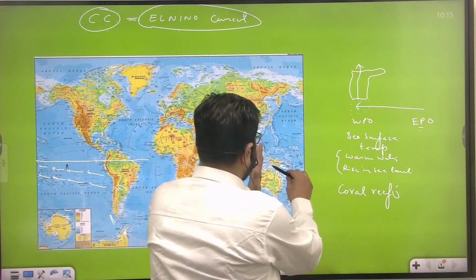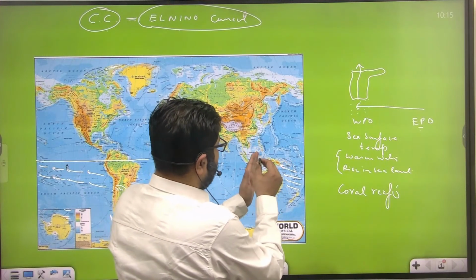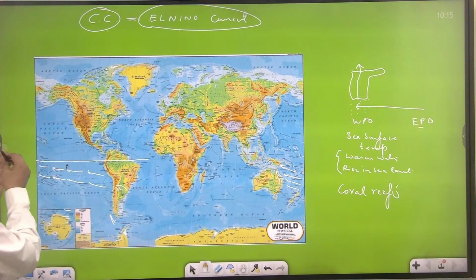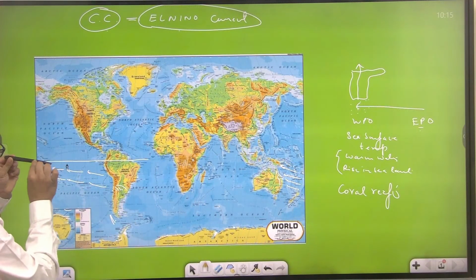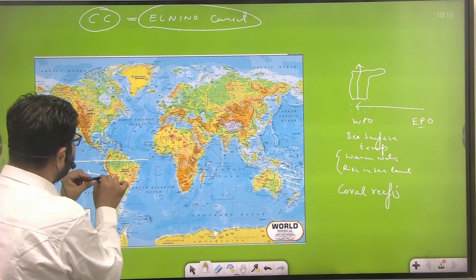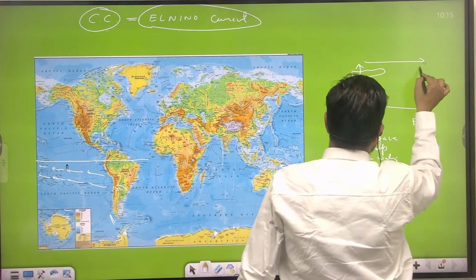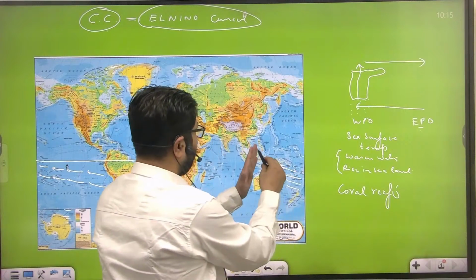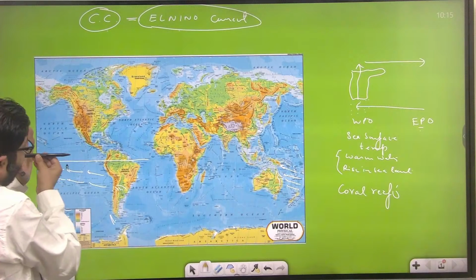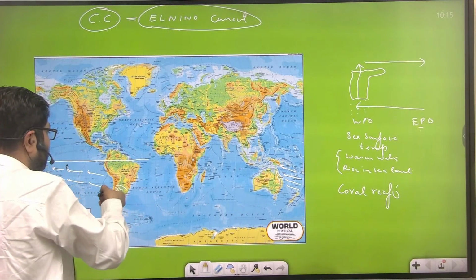Once this air rises after reaching the middle troposphere, it turns towards east. That is, after rising, it turns towards east, and on reaching the eastern part of Pacific Ocean, it again sinks down. In the upper atmosphere, after causing rainfall in Australia, Indonesia, it turns towards east and again sinks over eastern Pacific Ocean, that is western margins of South America.